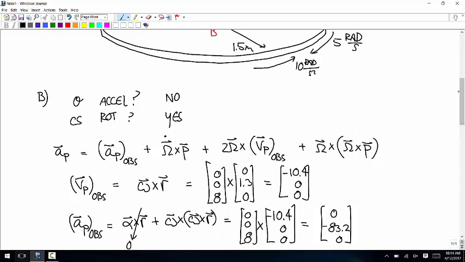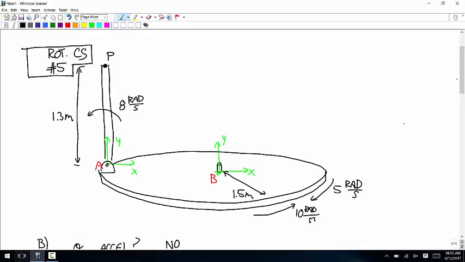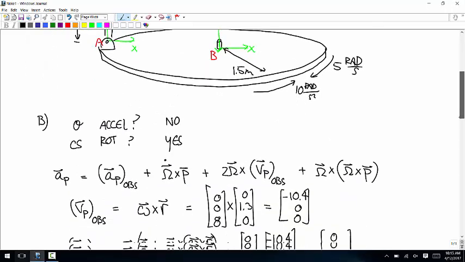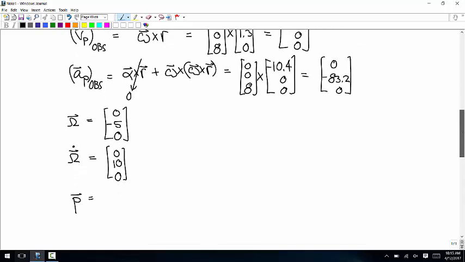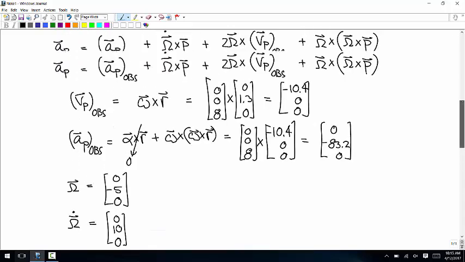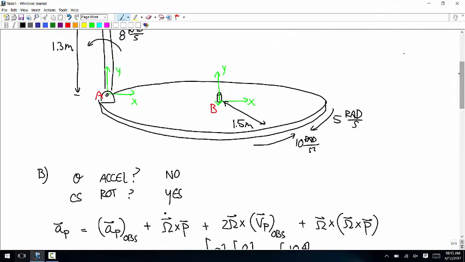And then the only thing we still need is the position vector. At this instant, what's the position vector of P? Yep. So that's the key thing. There's the distinction between R and P. This arm is just in a circular motion around A, right? So the R vector is just from A to there.